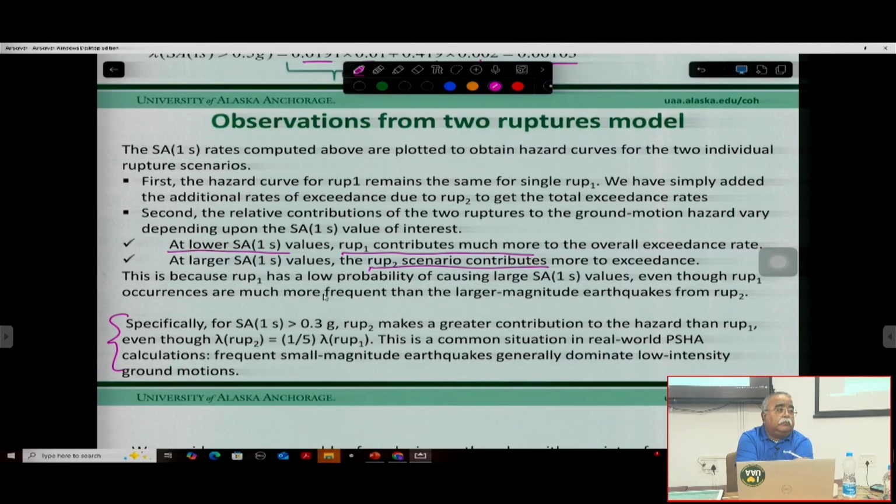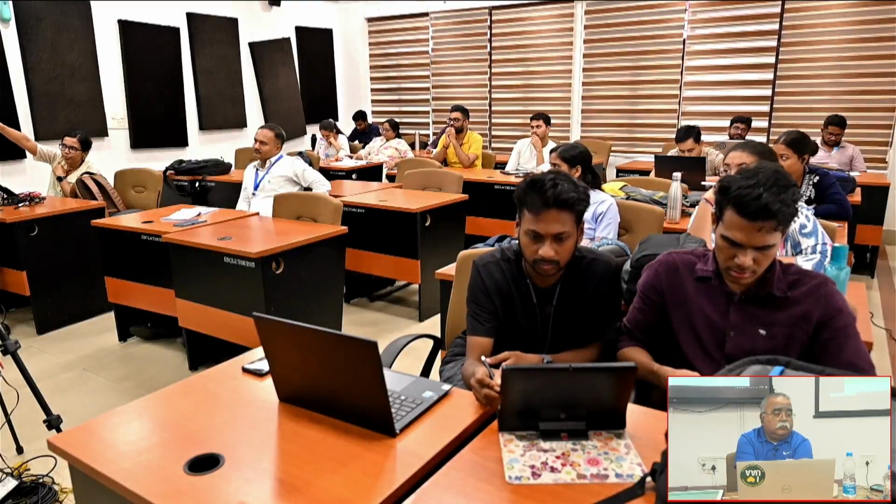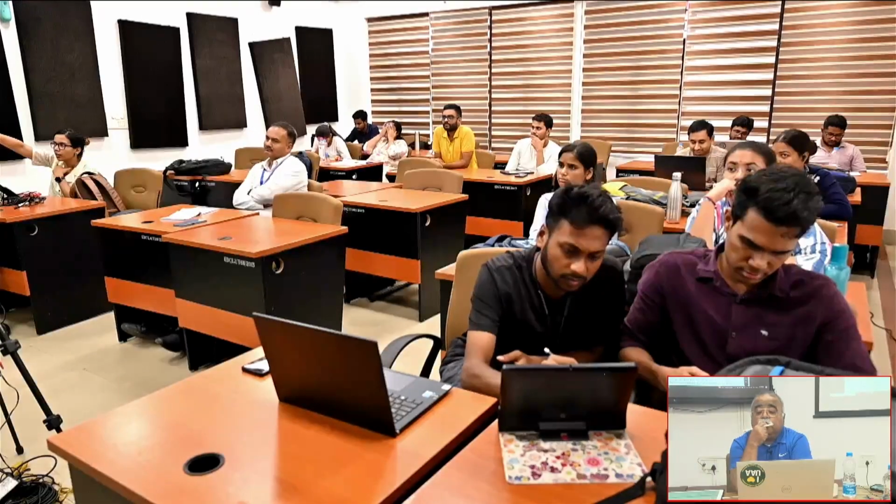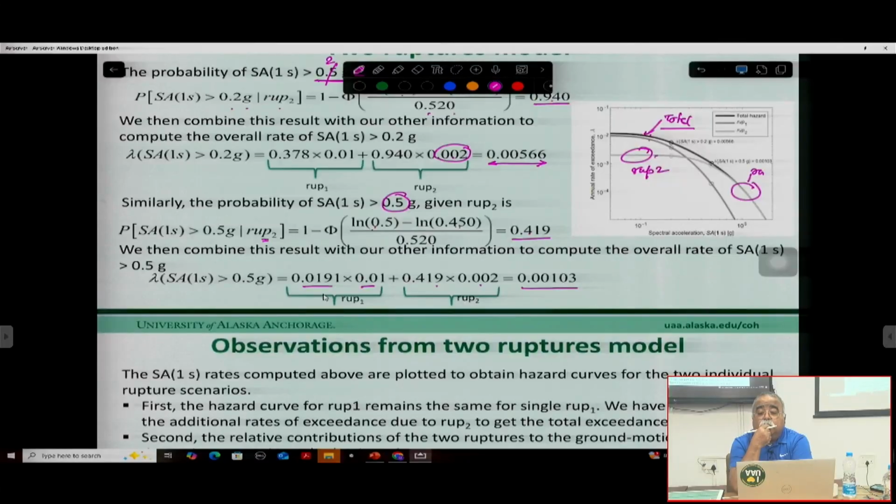Sorry, I probably missed the previous one. Like the rupture 2 scenario, under what sort of environment was it? The total is the biggest black line, the thickest black line. So that is your total hazard, okay? And then there are two, this is one here and the other here. So this is 1 and 2. Does it make sense? Yeah, so rupture 2 is contributing both.